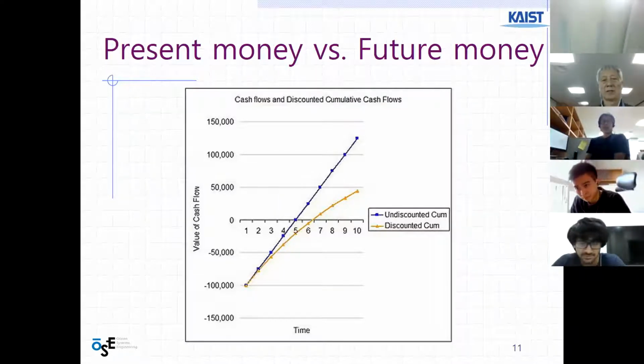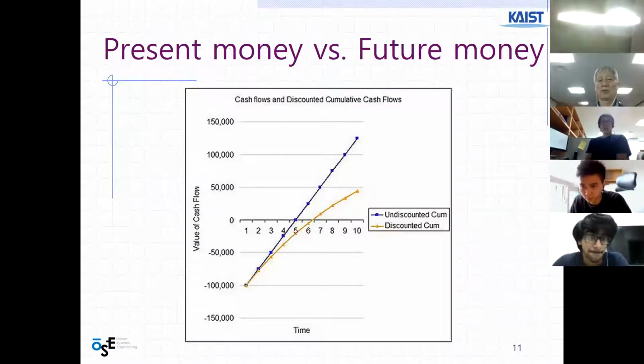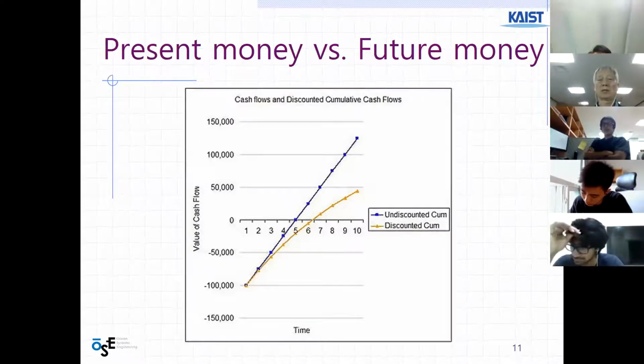Number 5. But that is not true, because we should think about interest during that period, so the yellow curve should be the real one. Because if we loan the initial investment money of $100,000 from the bank, you should also pay the interest to the bank, so the realistic calculation can be 6.5 months or years probably.